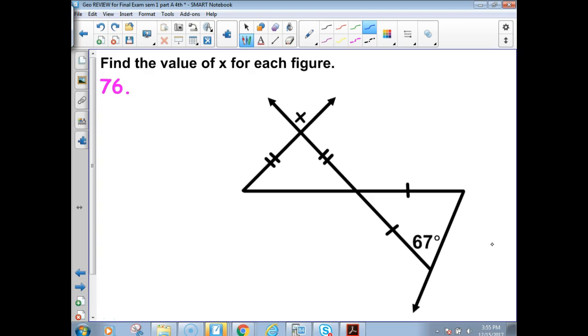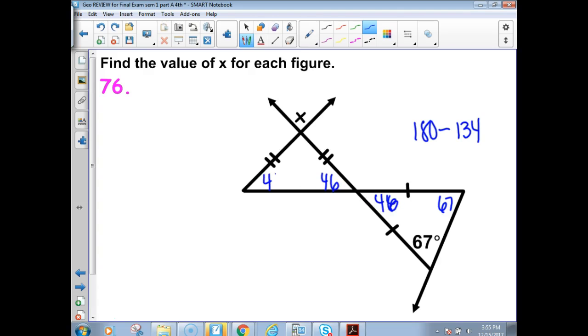Find the value of x for each. Well, if that's x, let's see. If this is 67, this is 67 because this is an isosceles triangle. Therefore, we would take 180 minus 67 plus 67 is 134. That leaves me with 46 degrees for that angle. These angles are vertical, so this would be 46.